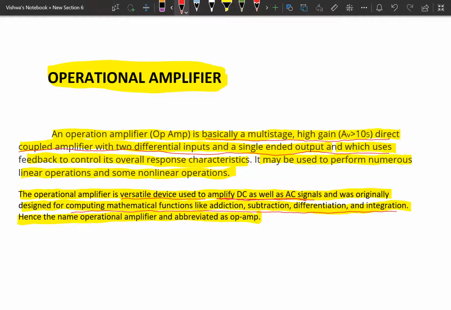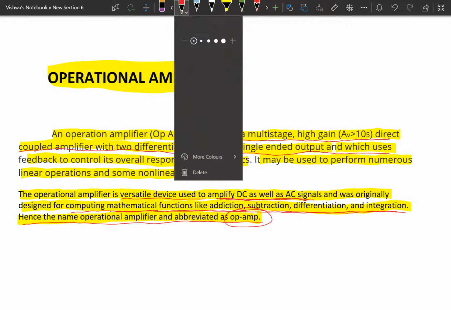So for that purpose they prepared these operational amplifiers. Due to these operations they call this an operational amplifier, abbreviated as op-amp. Okay. So this is the basic concept of op-amp.